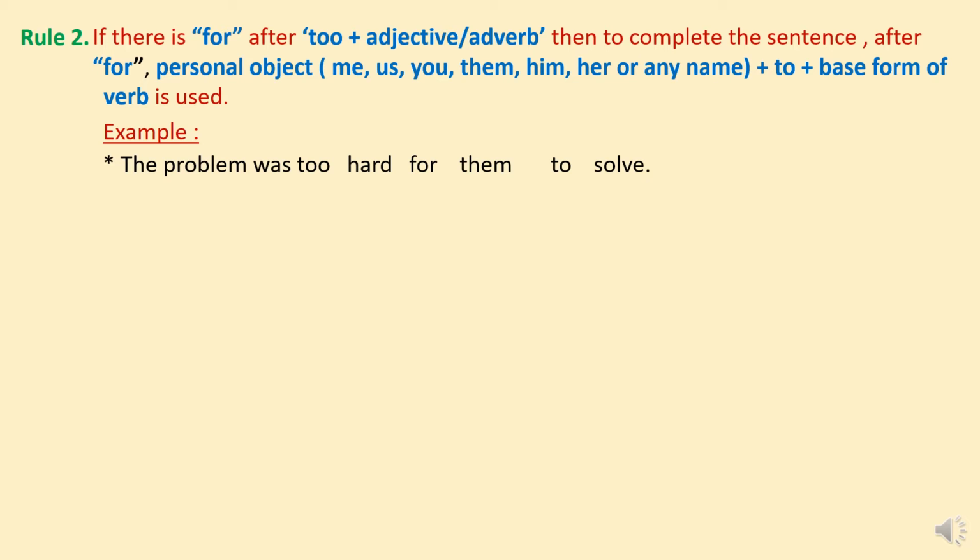Here also you can see the problem, subject, was, verb, plus too, plus adjective hard, and after the adjective here you can see there is for, plus personal object them, plus to, plus solve, V1, that is the base form of verb. Again, let us have another example.